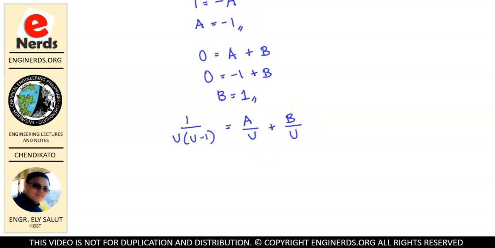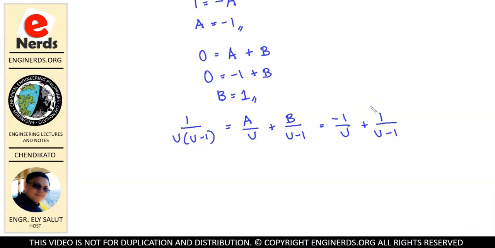Oh, sorry, our denominator here will be u minus 1. Okay? So, alam na natin yung value ng a at yung value ng b. So, we're going to substitute that. So, we know that 1 over u times u minus 1 will be a, which is negative 1, so, negative 1 over u plus b, which is 1 over u minus 1.